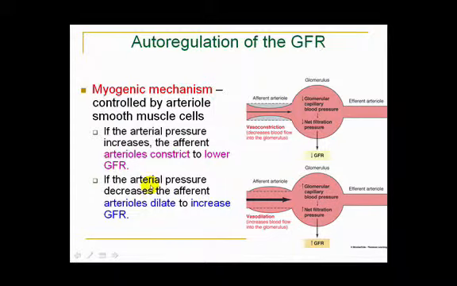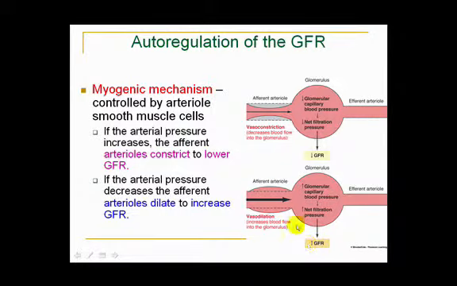If arterial pressure decreases, let's say all of a sudden blood pressure drops in this afferent arteriole, that would cause your glomerular pressure to drop and your filtration rate would drop. So the afferent arteriole will dilate. That allows more blood into the capillary, and then capillary pressure will go up, so will net filtration pressure, and your glomerular filtration rate will increase back to its normal levels.